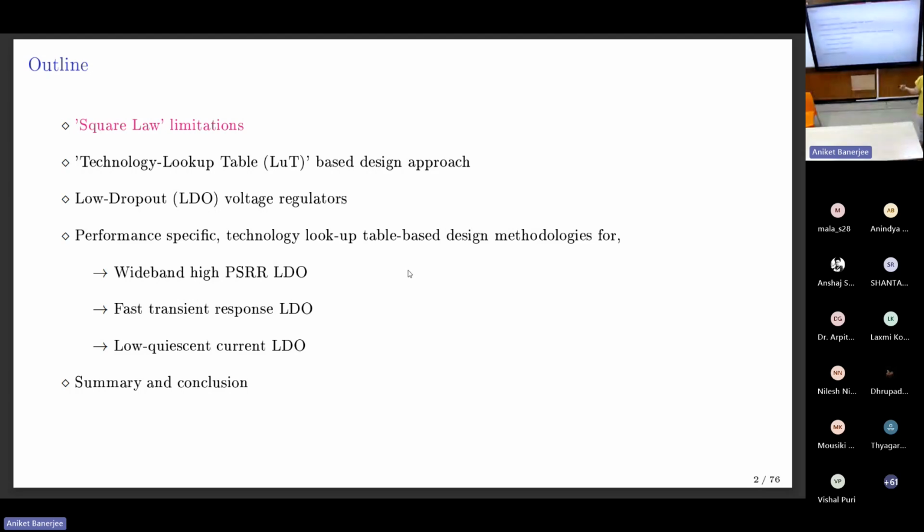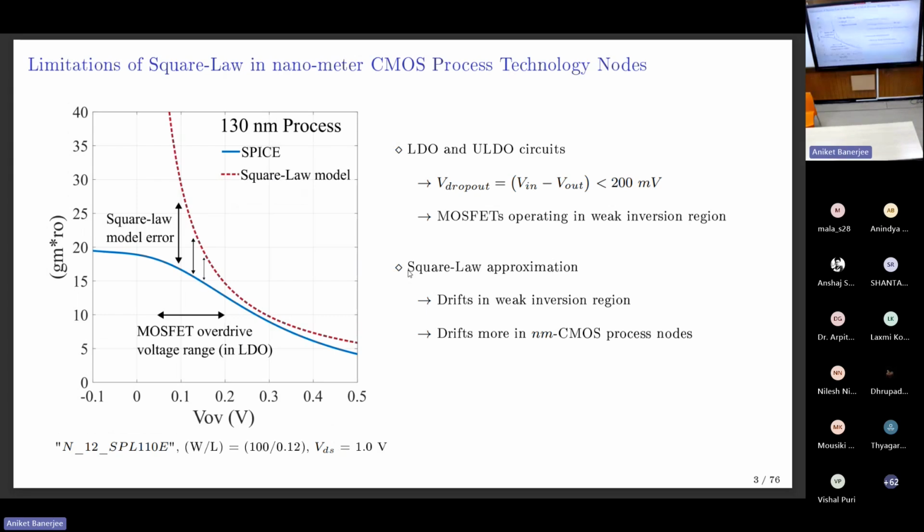We can take it to hopefully any analog circuit. So that's our hope. Let me start with square law, which is something all of us passionately started learning when we started analog circuits, and most of us are married to it. I certainly was for the longest time. To say that square law has limitations takes a lot of guts. But it is what it is.